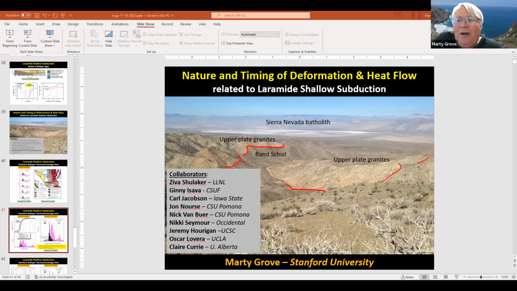This distribution is about 5 million years younger than the red distribution, which represents the results from the San Emigdio. Hey, Marty, you're back on. Hello? Is the slide not visible?